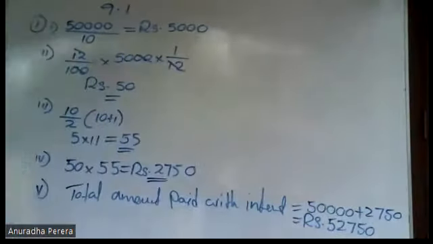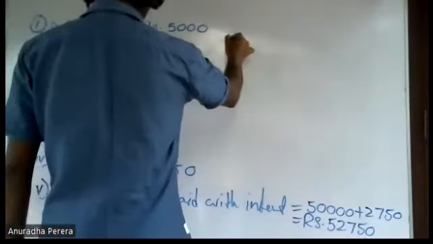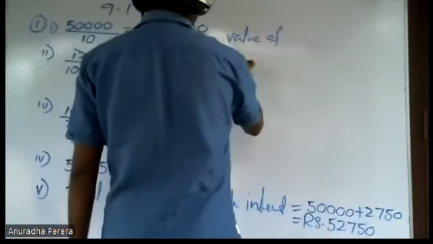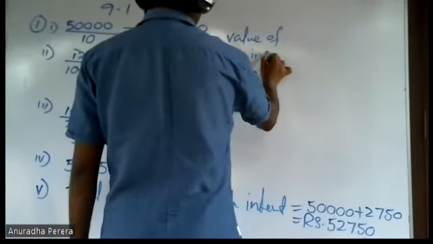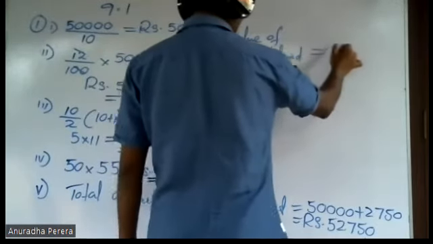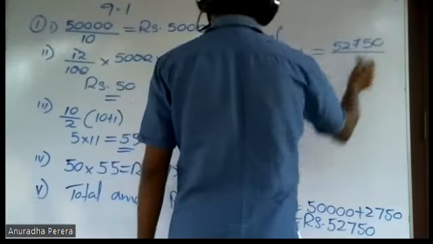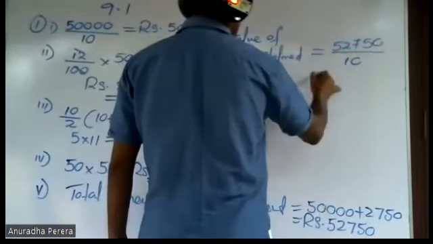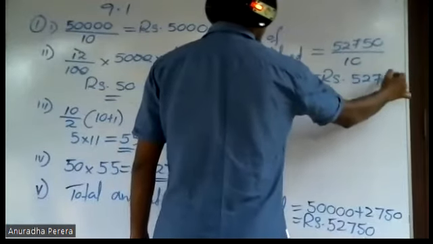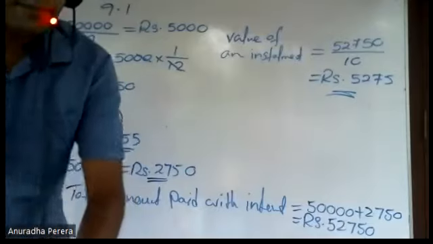The value of an installment. Divide this by 10. 5,275 rupees. I got the answer. Yes, I got it. Right.